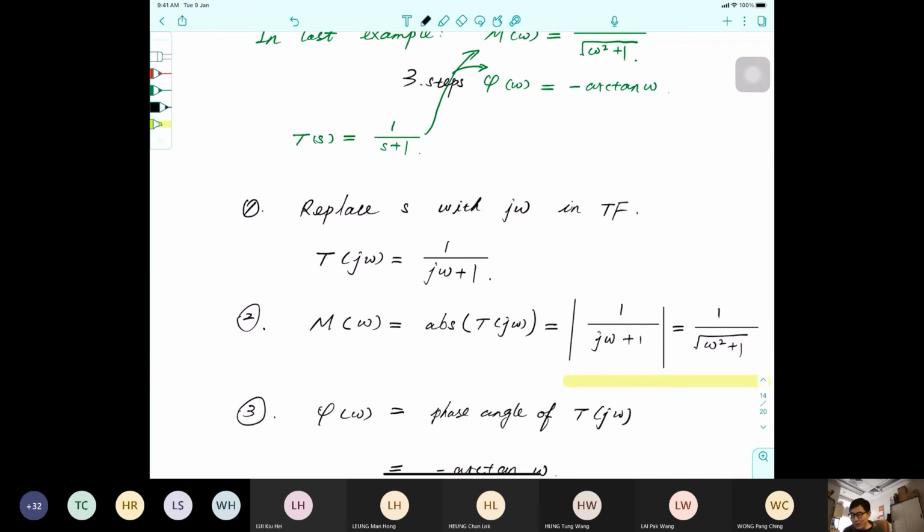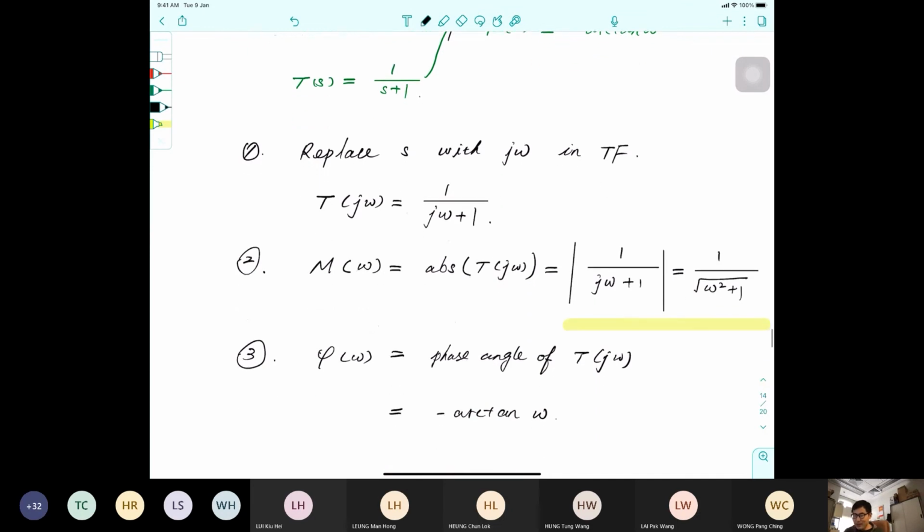First step, replace s with j omega in the transfer function. Second step, M(omega), the magnitude frequency response, is the absolute value of T(j omega). And third step, phi(omega) is the phase angle of T(j omega).